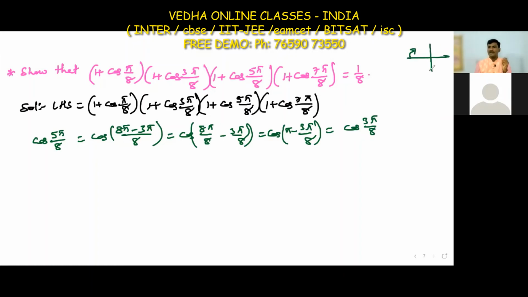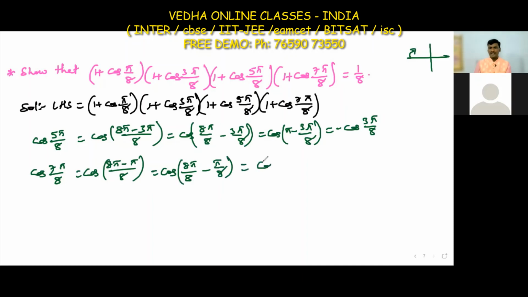Second quadrant, all silver teacups. Second quadrant, cos is negative, so we get minus. And similarly, cos 7 pi by 8 also. Cos of 7 pi by 8 is equal to cos of 8 pi minus pi, that is 8 pi by 8 minus pi by 8.